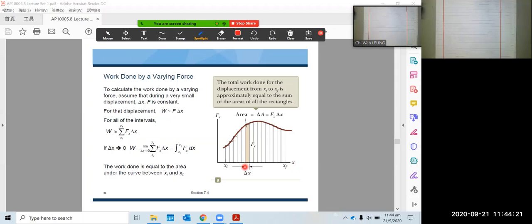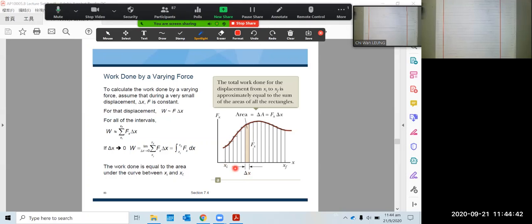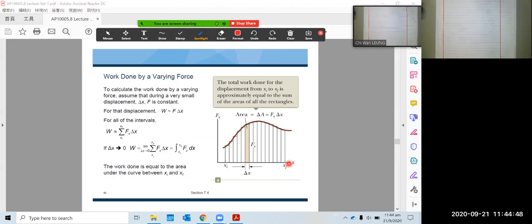Every particular displacement through the journey would be associated with a certain force. And under the curve here, the shaded one, the area is the work done over this particular distance delta x. So the general idea is you add up all these areas and you have the work done.